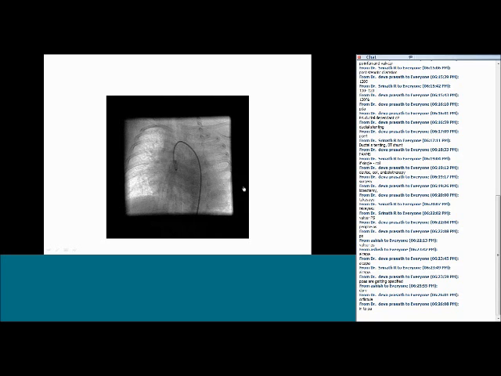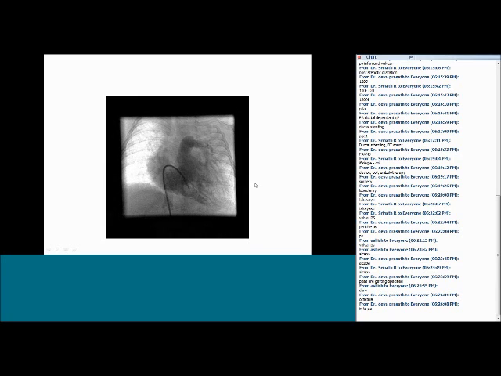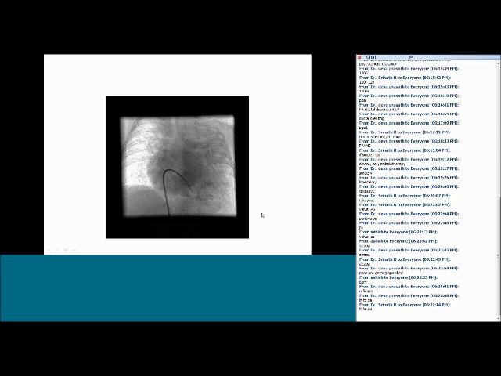I'll show you one more view of this patient. Okay, now put together, please tell me the total diagnosis. Don't hurry up. Okay, hemitruncus.